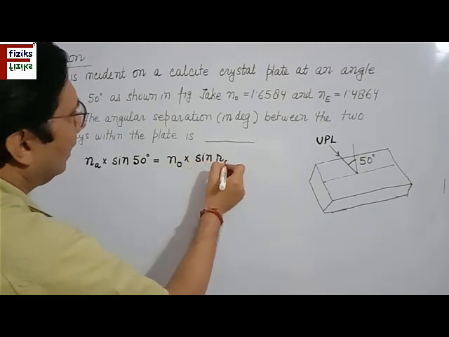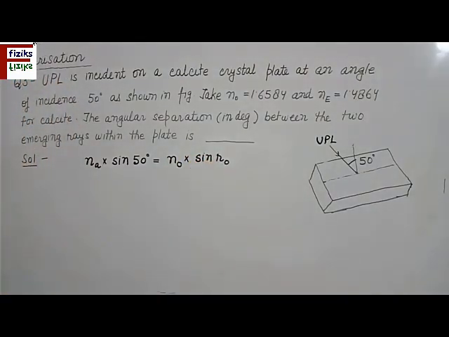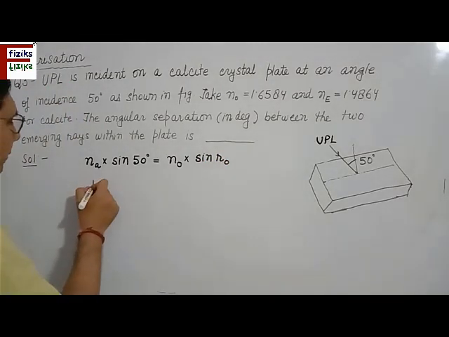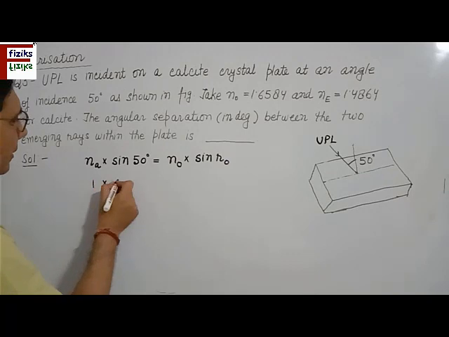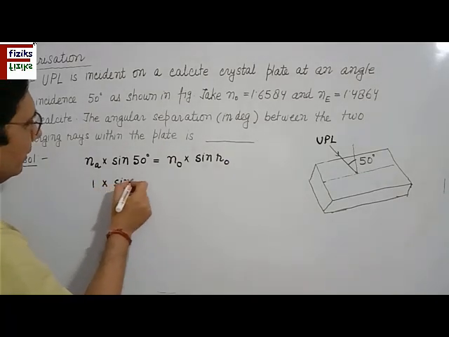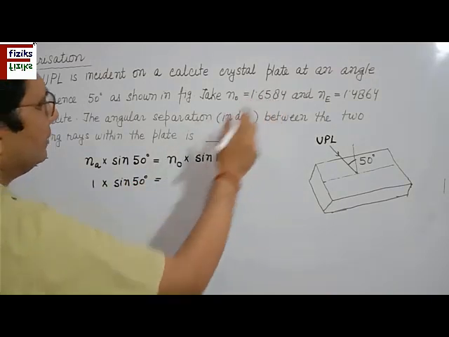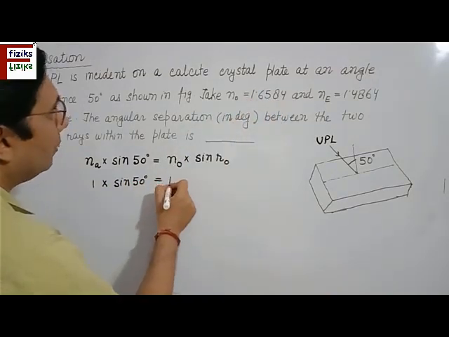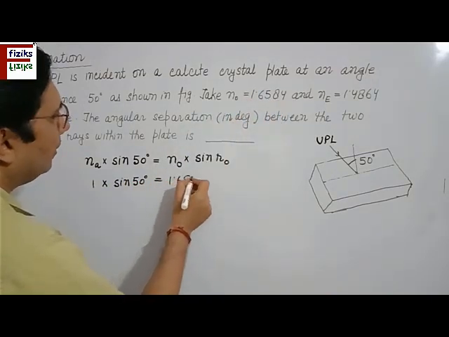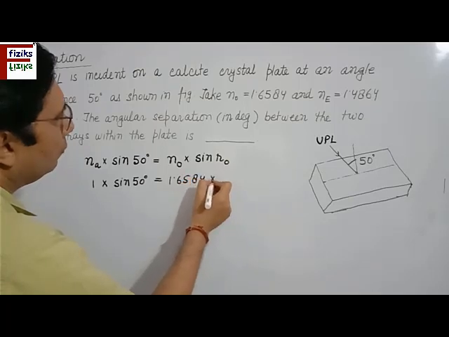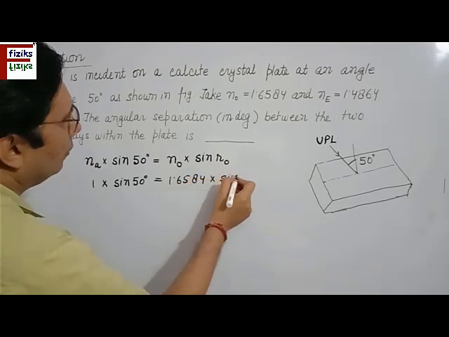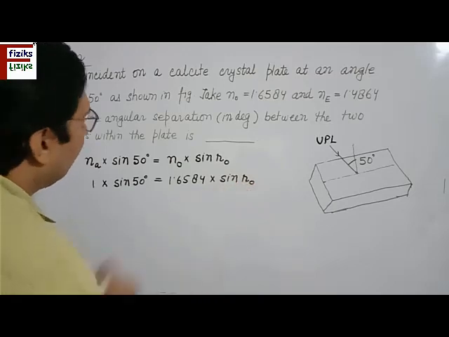Suppose RO is the angle of refraction for ordinary light. NA, refractive index of air, is 1. So sine 50 degree equals, for ordinary light, NO given as 1.6584, into sine RO.